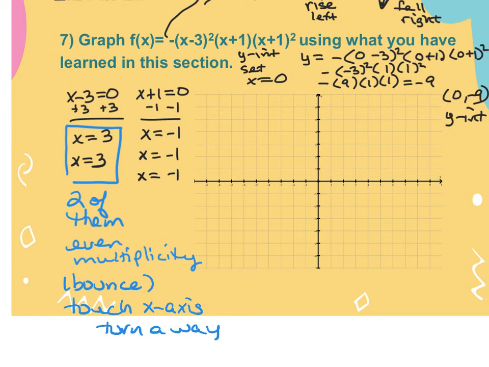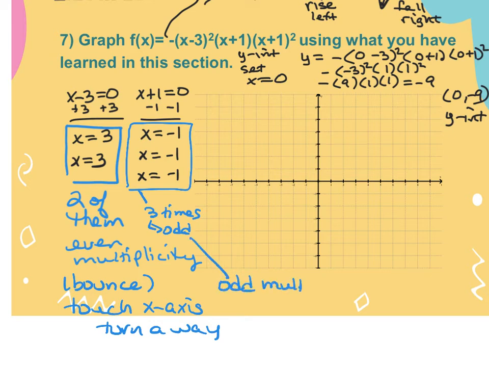That's where the multiplicity is going to help us. The negative 1, 0, this one occurs 3 times. 3 is an odd number, so this has an odd multiplicity. And when it's odd, it means it crosses the x-axis at that number.